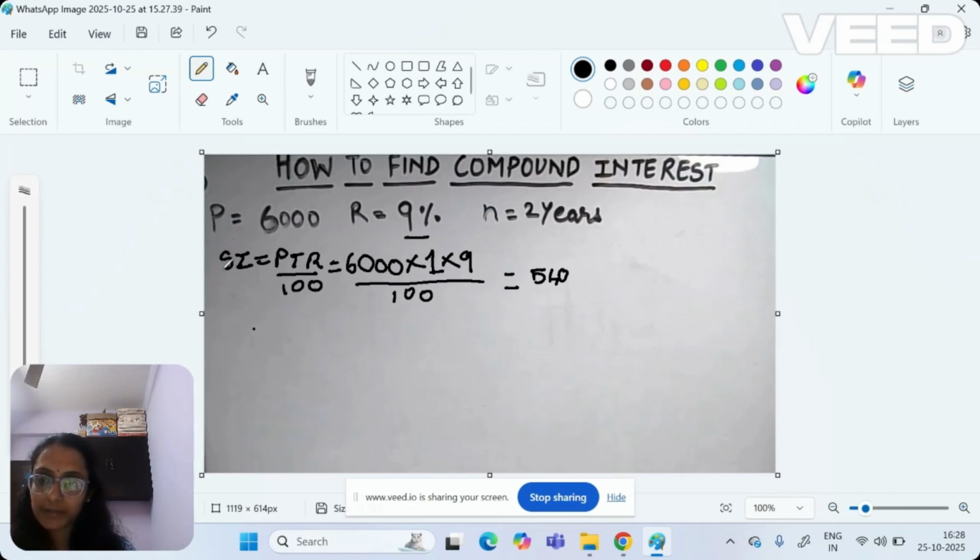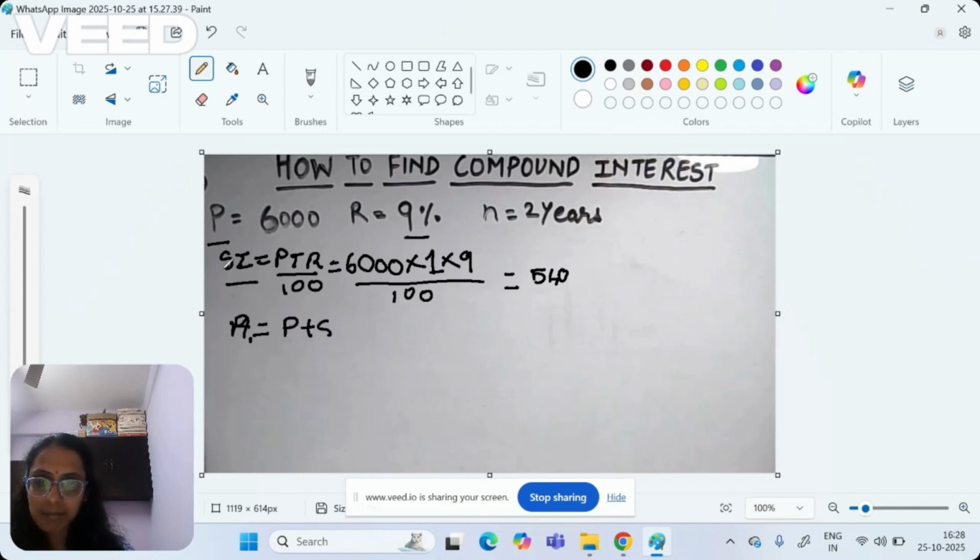Next, what is the compound interest? To find it, we know that compound interest has to be found on both the principal amount and the simple interest of the previous years. So let us find the amount on which the compound interest has to be found. That amount, A1, is equal to the principal amount plus the simple interest.